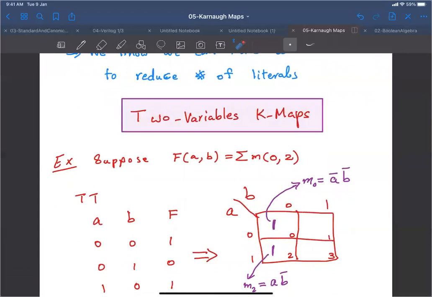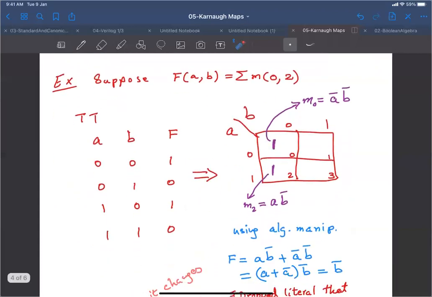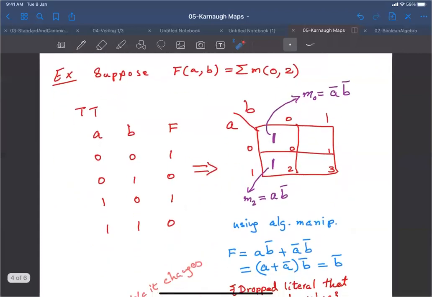Suppose that F is the sum of the minterms 0 and 2. Now I'm numbering the squares here: 0, 1, 2, 3. This 0 means that this is row number 0 of the truth table, because A is 0 and B is 0.